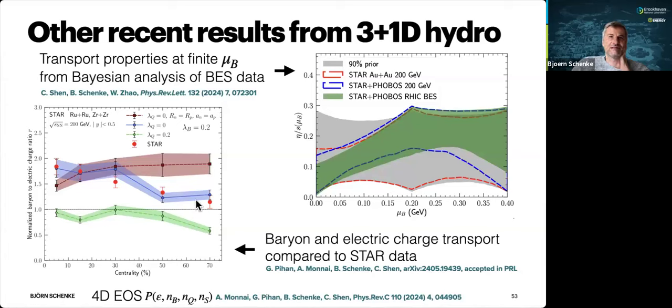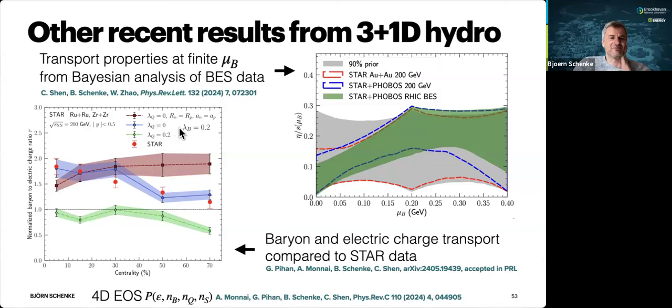And another thing, where the baryon junction that I mentioned in the beginning enters, is comparing the electric charge and baryon charge stopping in isobars. Depending on whether you have baryon junctions or not, you get different results for this ratio, which I had put here, but it's disappeared.